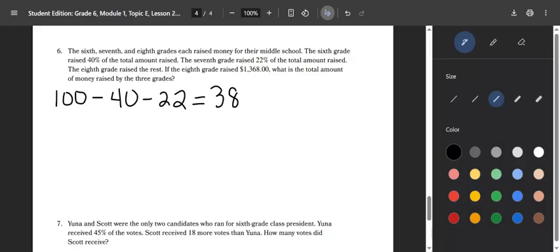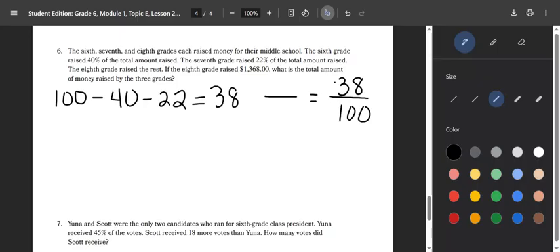All right, let's pick back up at this point. So 38% is what the 8th graders raised of the total amount raised. All right, and the amount of money that the 8th graders raised, so that's 38%. 38 goes over 100.